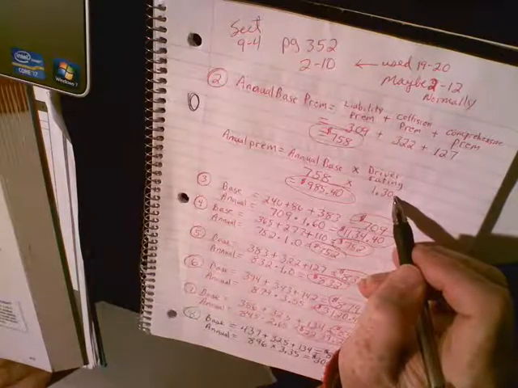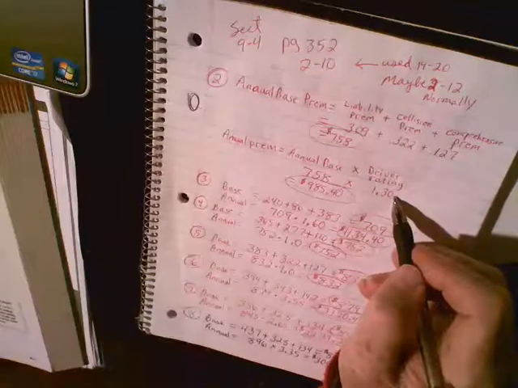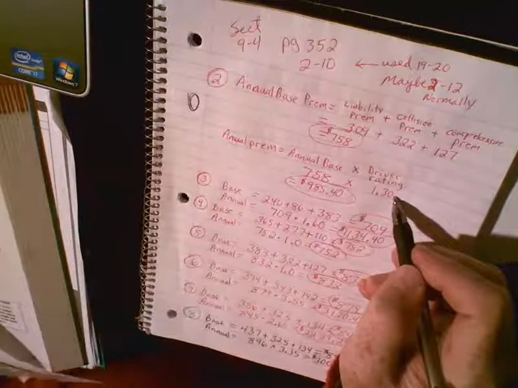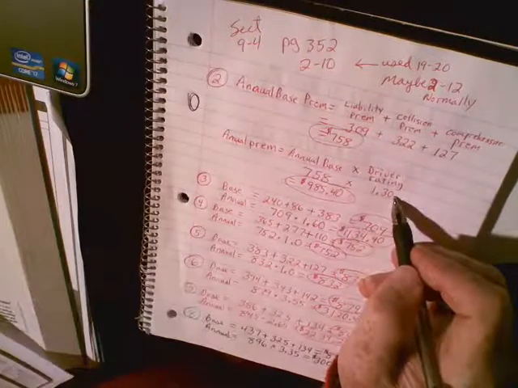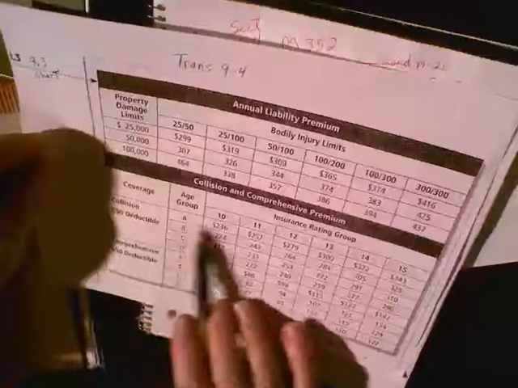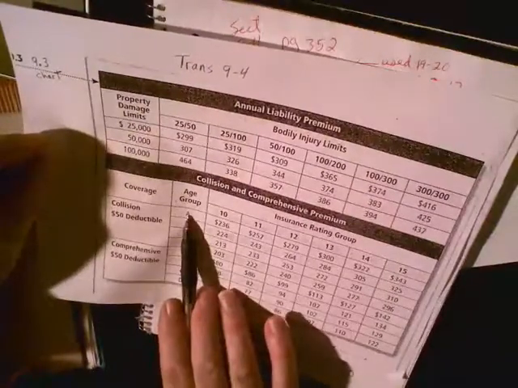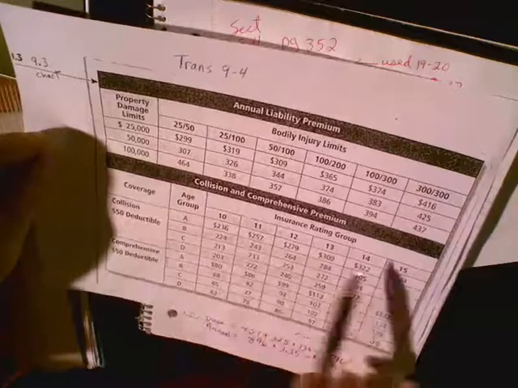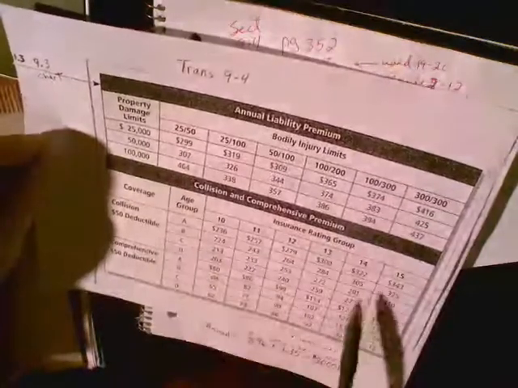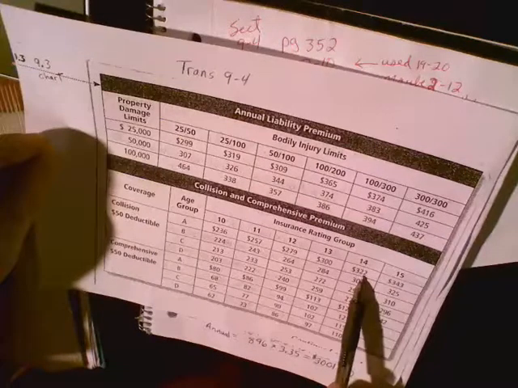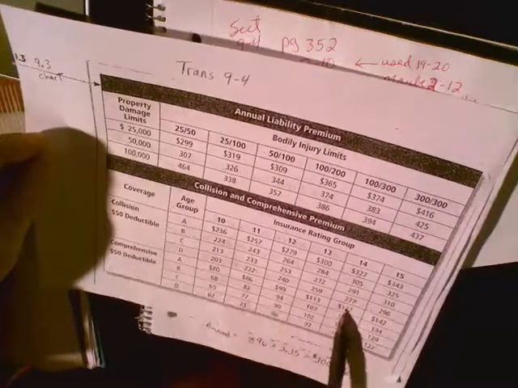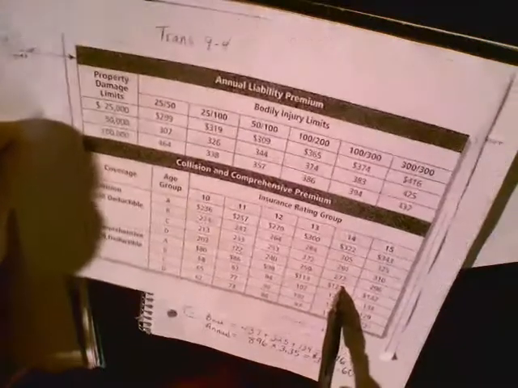The age group for his car is A14. We're going to use this chart for all these problems. We go to A14, that's 322 for collision, and A14 is 127 on the chart down here for comprehensive.